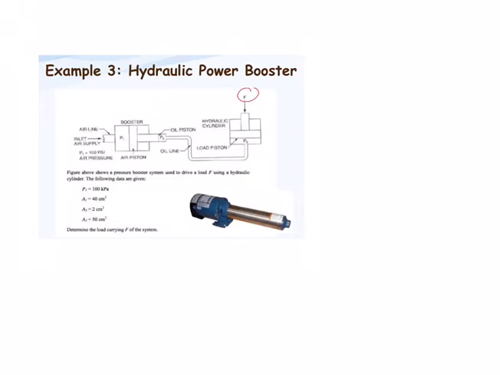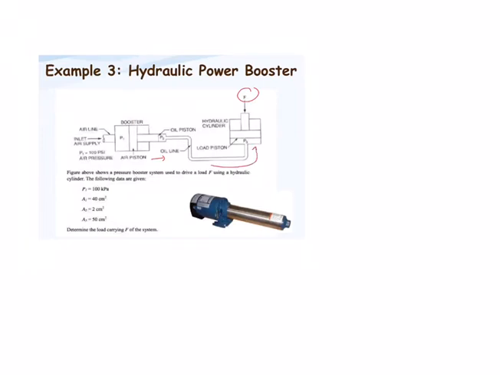So first we need to analyze the system. This system uses air to hydraulic, which is to supply high pressure oil into the higher hydraulic pressure that is needed for the required operating cylinder.